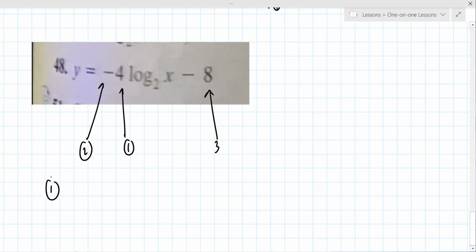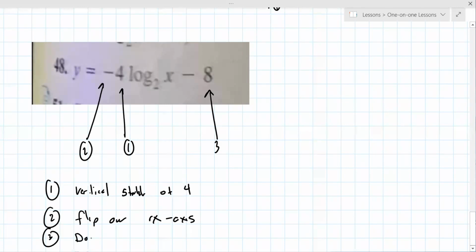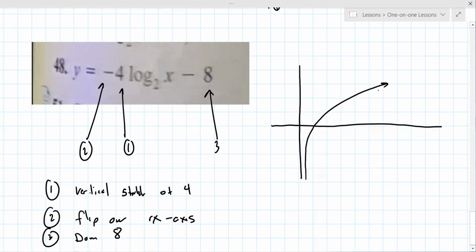Number 1, the 4, is a vertical stretch of 4. Number 2 is a flip over the x-axis, and number 3 is down 8. So you take that original graph, which looks like this.